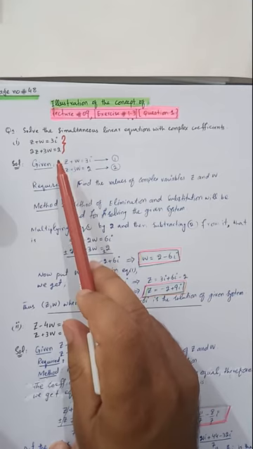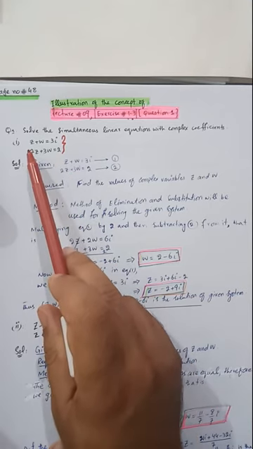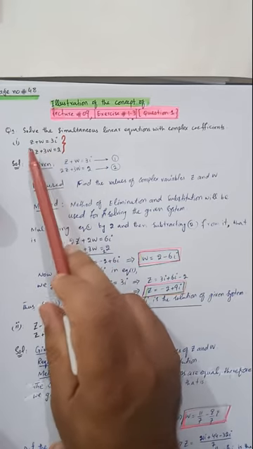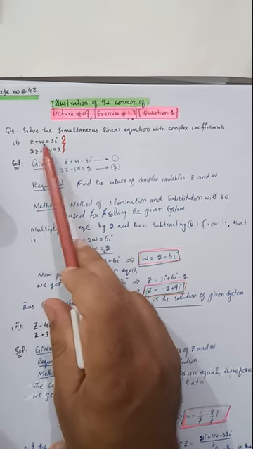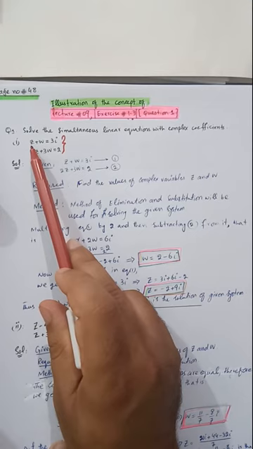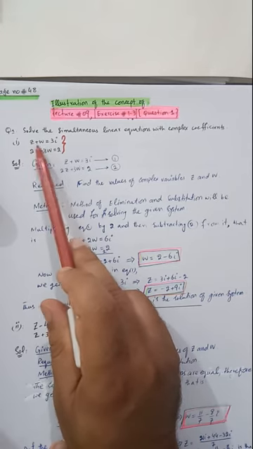If you need to solve this, you need to equate the coefficient of one of the variables. If you want to equate the coefficient of z, you need to multiply this equation by 2. So that will become 2z plus 2w equal to 6 iota. So 2z and 2z: the coefficient of z will be equated in both the equations.